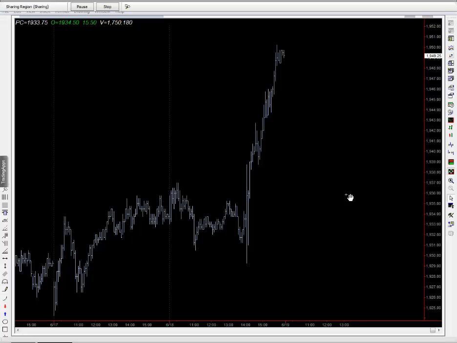Okay, so what we have here is the ES day session 5-minute S&P E-mini chart, and this is the core chart that we will use to construct our balance chart. The 5-minute is an important chart as it gives us timely information in terms of swings.